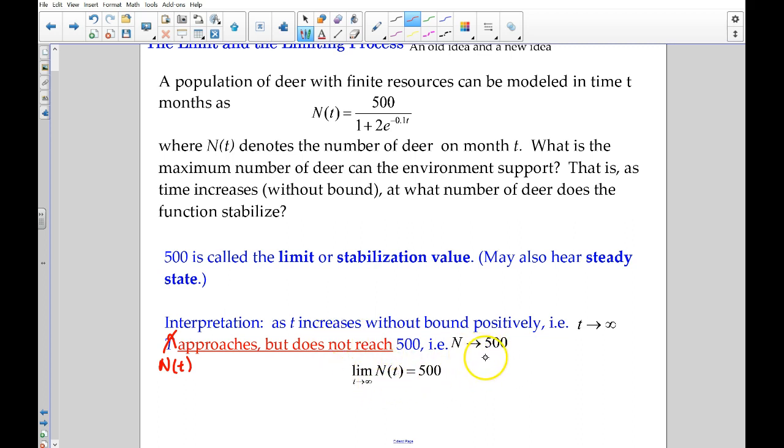So 500 is a limit value, and the way to communicate this mathematically is with this nice short, complete notation. We say the limit as t approaches infinity of n of t is equal to 500. And so that's our introduction to limits and the limiting process.